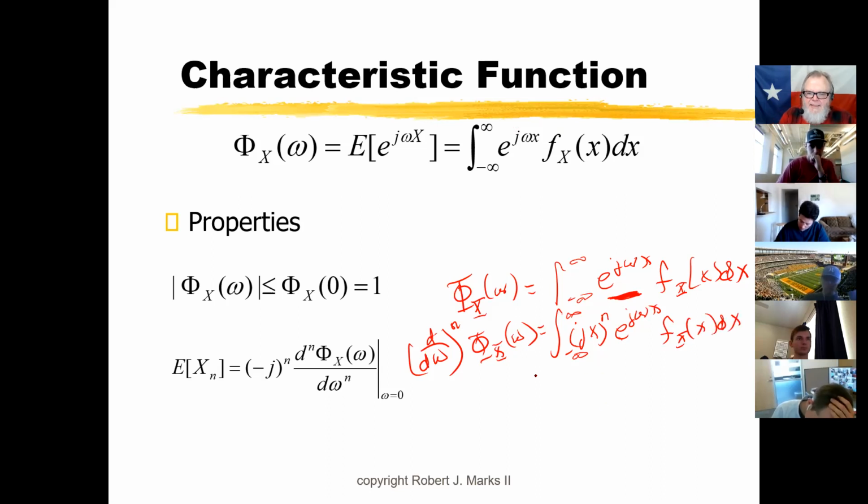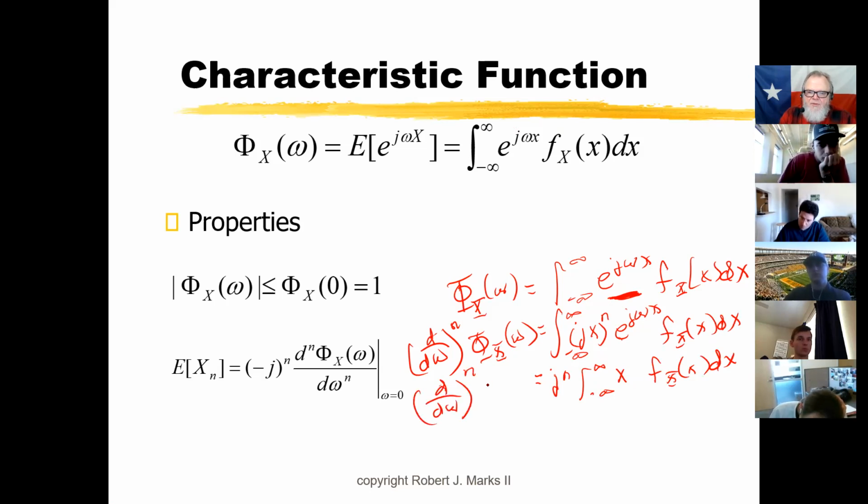And this is the same thing as, I'm going to take j to the n outside. And what is this? This is the nth derivative of the characteristic function evaluated at 0.